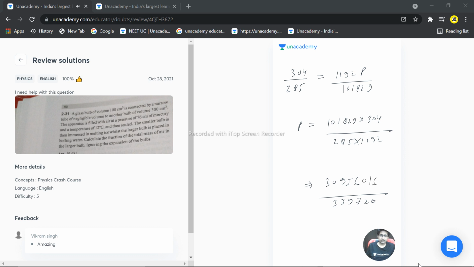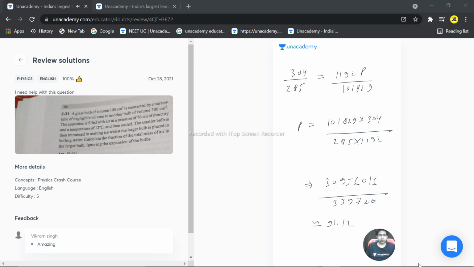Let's divide this value by 339720. We are getting approximately 91.12 as the value of pressure.